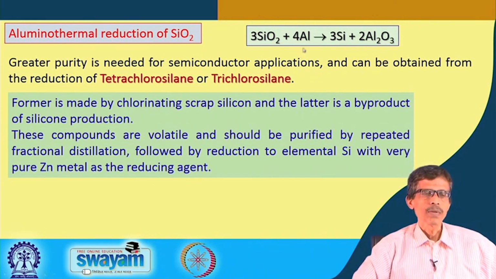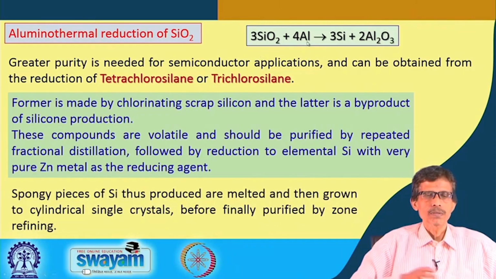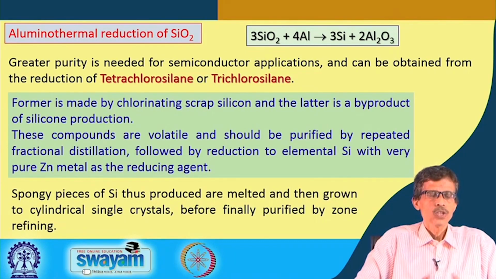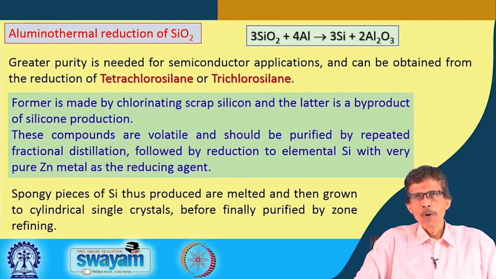So zinc metal reduction gives us the material as spongy pieces of silicon, and those spongy pieces of silicon are then grown to cylindrical single crystals. A very important term is single crystals, they are not polycrystals.